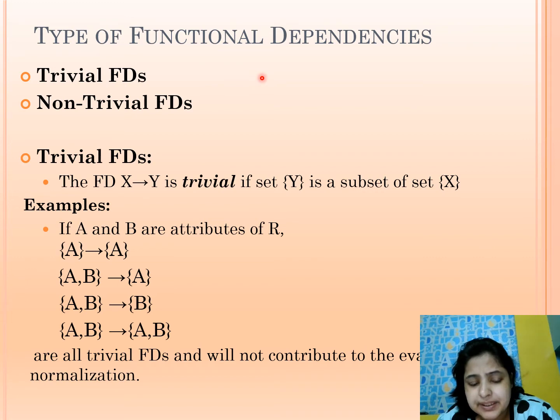Types of functional dependencies. There are two types of functional dependency: trivial functional dependency and non-trivial functional dependency. Trivial functional dependency: the FD X to Y is trivial if set Y is a subset of set X. If A and B are the attributes of R, then A to A, B to B, AB to A, AB to B are all trivial functional dependencies and will contribute to evaluation of the normalization.